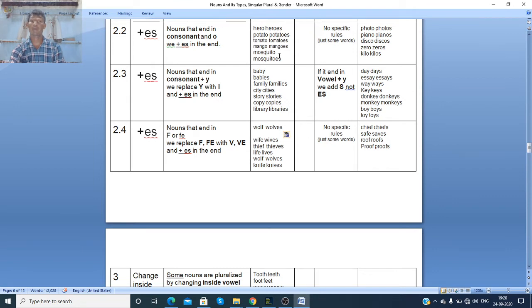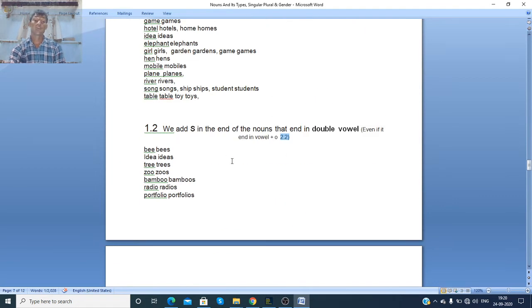Hero, heroes; mango, mangoes. So if the noun ends in a double vowel, we add s at the end of the word, not es.